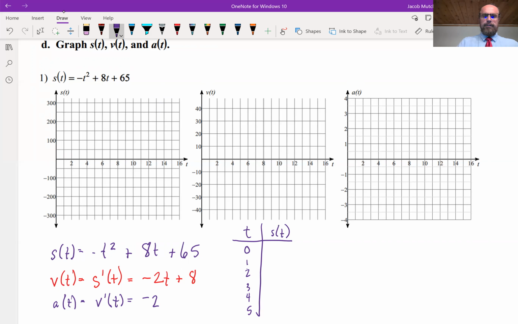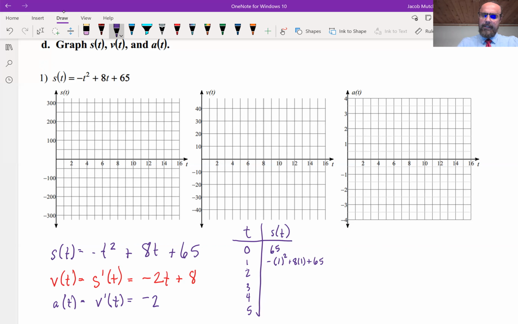So for our first value, it's going to be 65. I see if I plug in 0 for my time, my first two terms will disappear. For my second value here, I'm going to plug in positive 1. So negative 1 squared plus 8 times 1 plus 65.